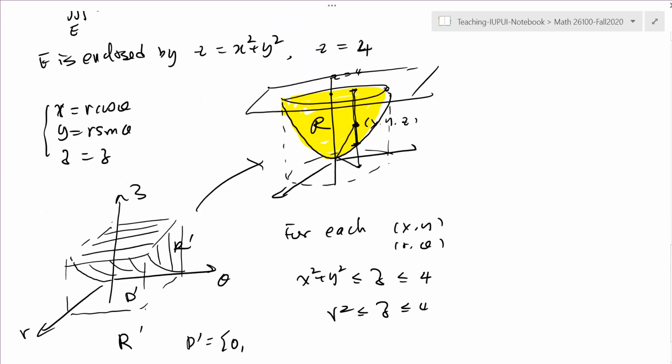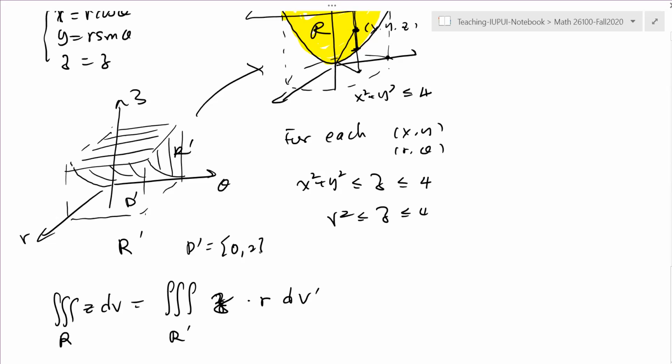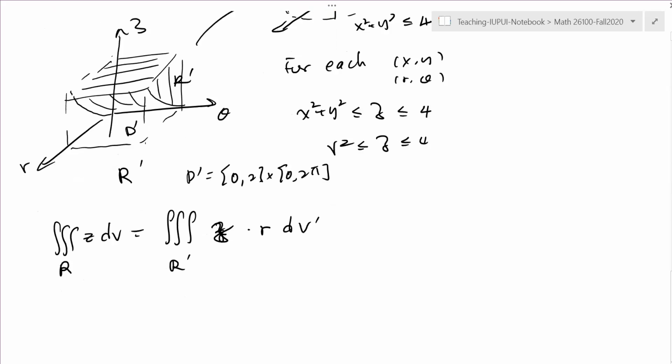Here you see the intersection: x squared plus y squared is less than 4, so r is going to be less than 2. And theta is from 0 to 2 pi. So we fix that.